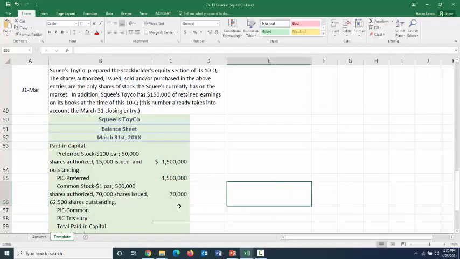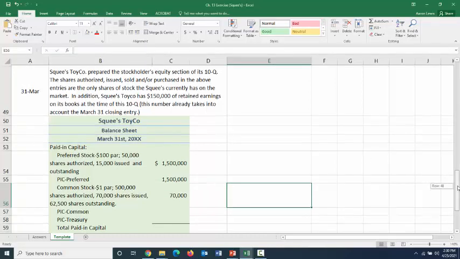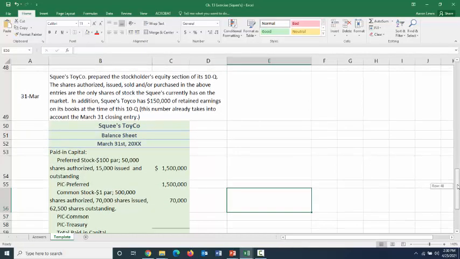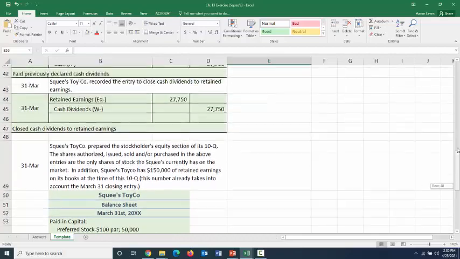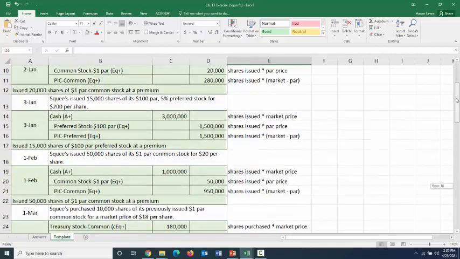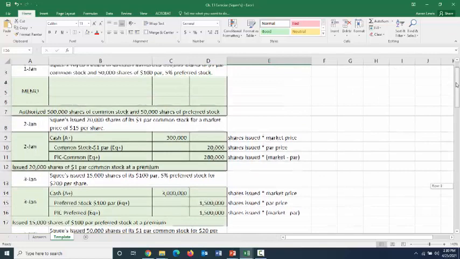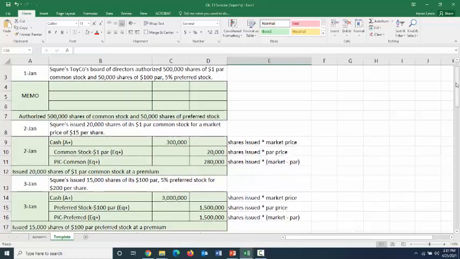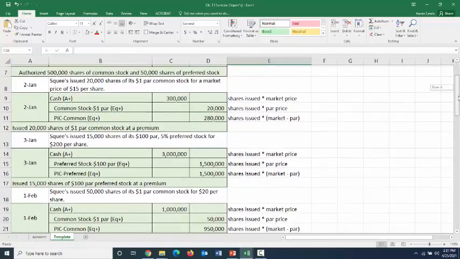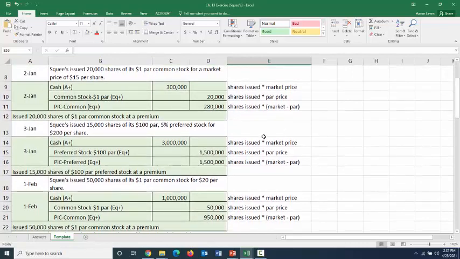Underneath that, we have PIK common. And PIK common is going to be equal to the balance of that particular account's T account. So we're going to go through and look for all of our PIK common entries. We have one here. In January 2nd, we credited PIK common for $280,000. Scrolling down through here, on February 1st, we credited PIK common for $950,000, and $950,000 plus $280,000 brings the balance of that account up to $1,230,000.